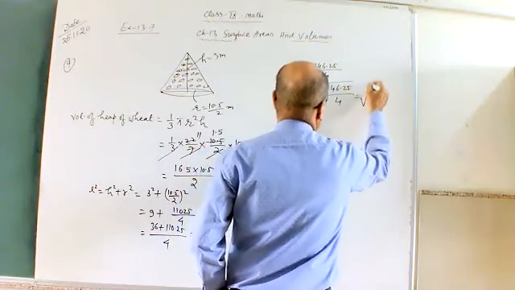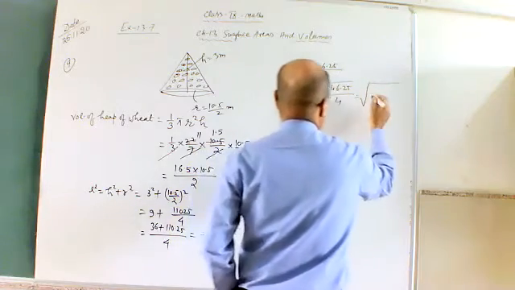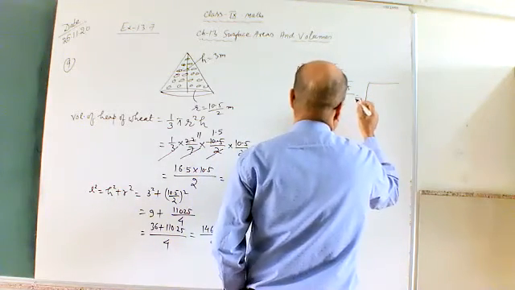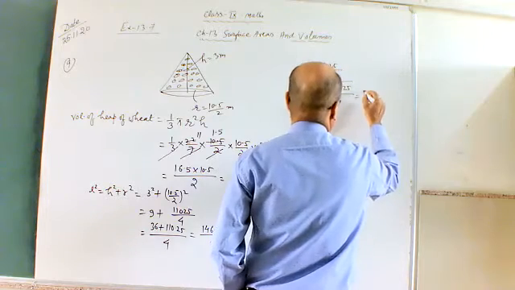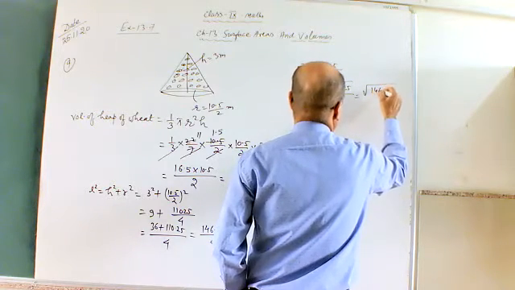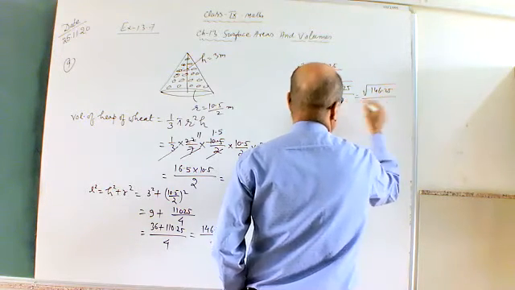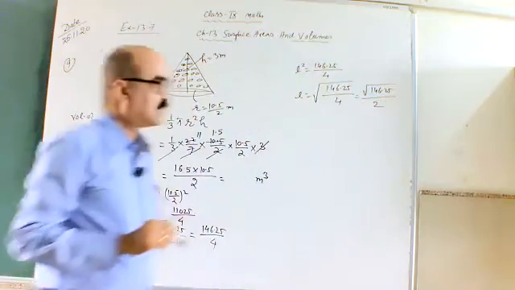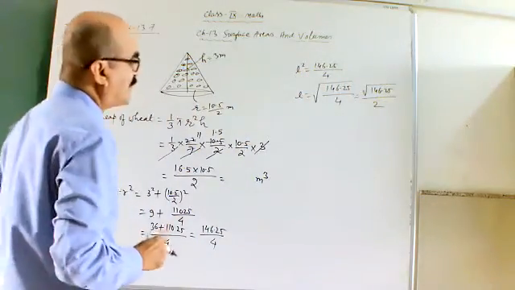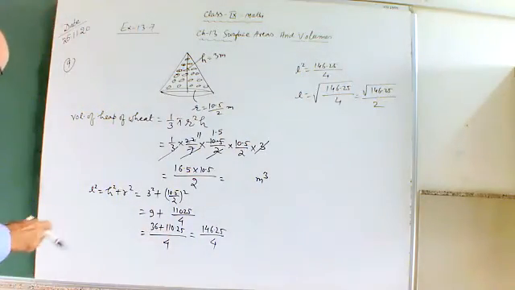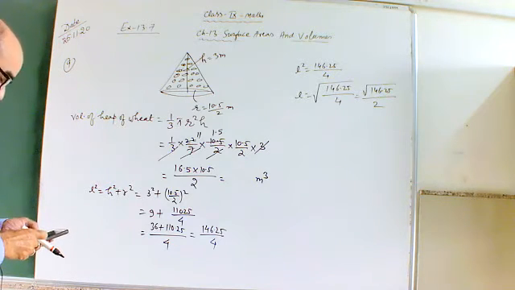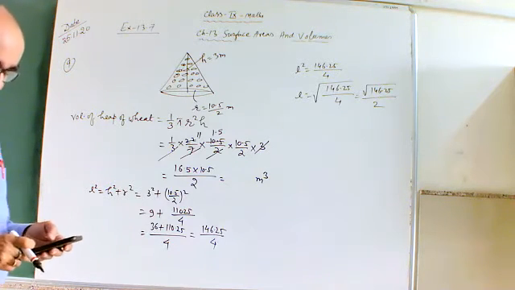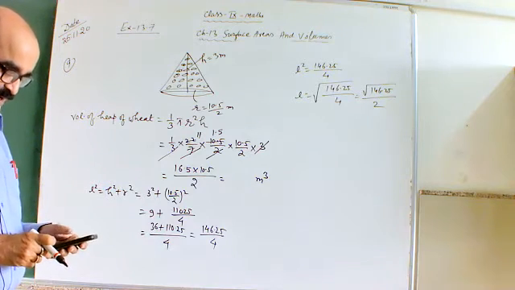This will be equal to the square root of 146.25 divided by the square root of 4, which is 2. Now you find out the square root of 146.25. You have already done how to find the square root of any decimal number in class 8. So you can easily find it by long division.